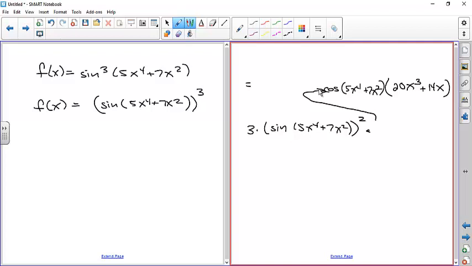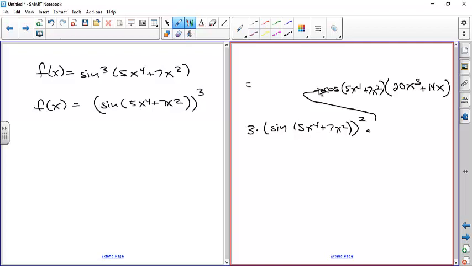And then you go to the outside function, which is this something cubed, so it's 3 times something squared. Okay. So you see, when you have something grouped in a parenthesis, you just treat it as a fixed quantity, and then you take the derivative of the outside part.